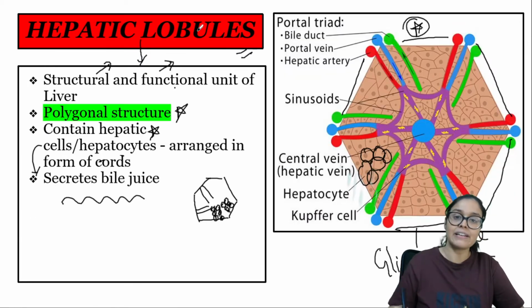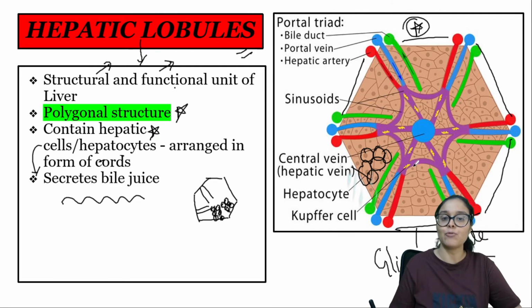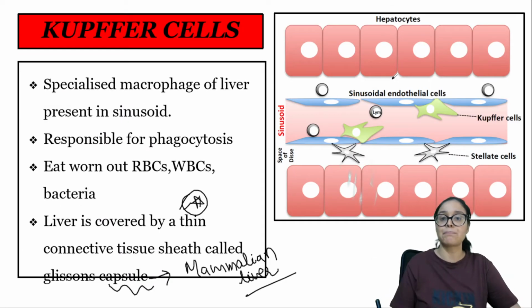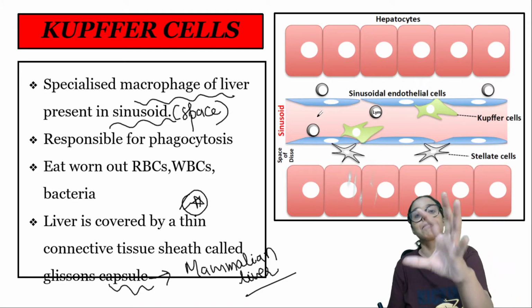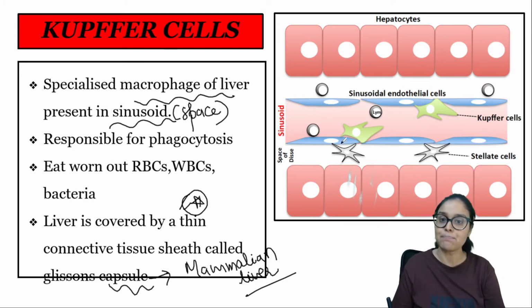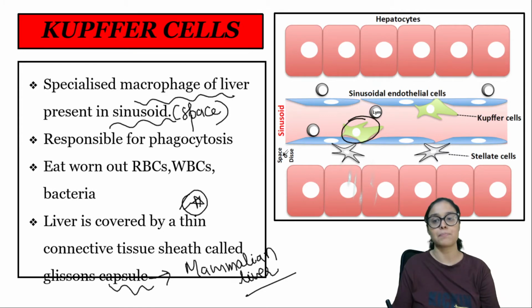Then in the same hepatic lobule, we are having Kupffer cells also. And what is the purpose of the Kupffer cell? तो बच्चा, Kupffer cell is actually the macrophage of the liver and is present in the sinusoids, means spaces. So जो भी space होता है in the hepatic lobule, in that space these macrophages are present.